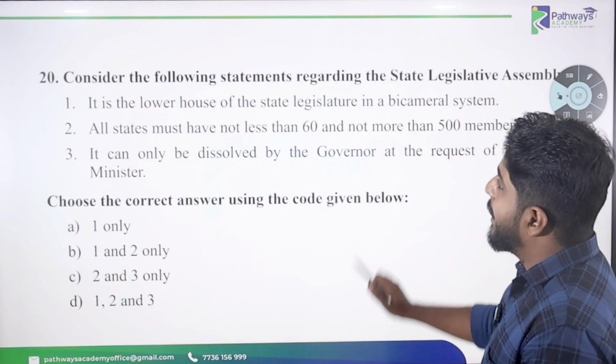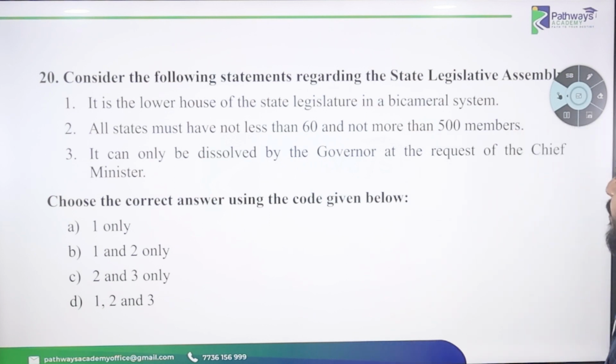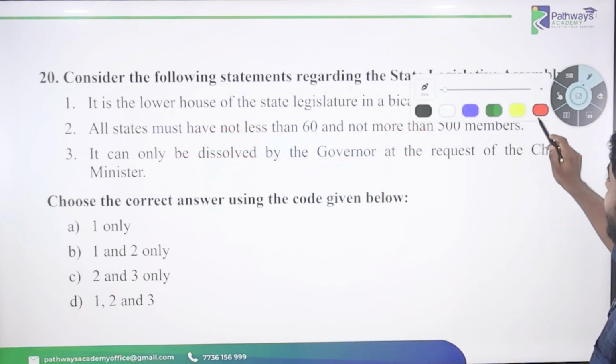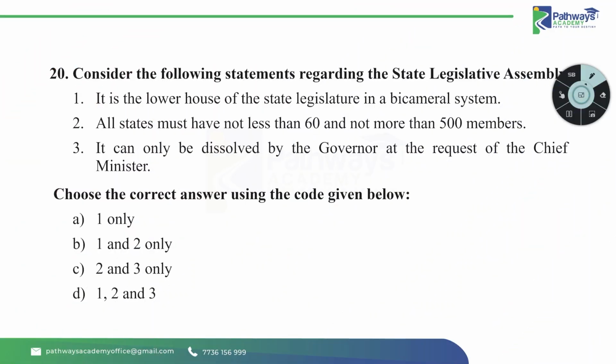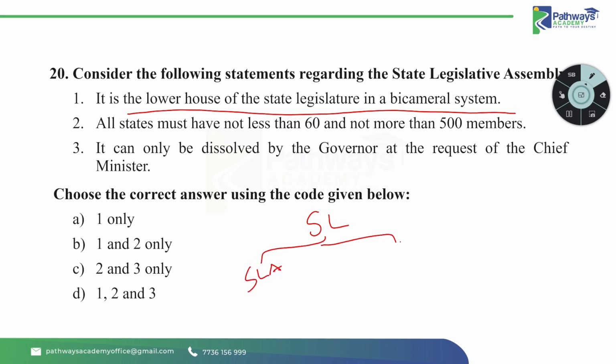Question number 20. Consider the following statements regarding the state legislative assembly. It is the lower house of the state legislature in a bicameral system. Very good. So the state legislature consists of state legislative assembly, state legislative council.